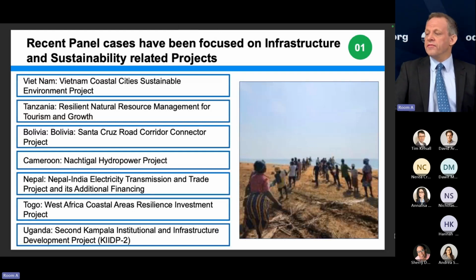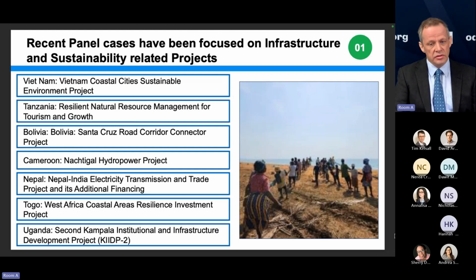So this just gives you a flavour of some of the more recent cases. A lot of our cases tend to be based on infrastructure projects. They can be road, hydro projects, that type of thing. And you can see geography-wise, we are literally all over where the World Bank does its projects. If you look at the specifics, they tend to be issues around resettlement.